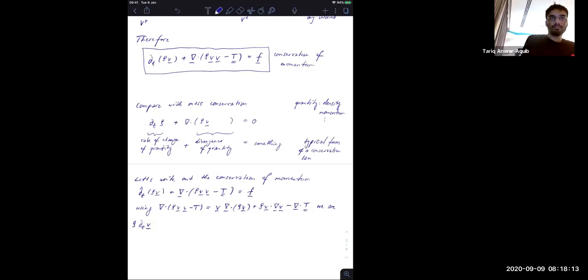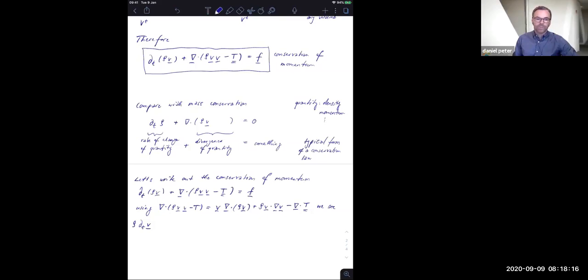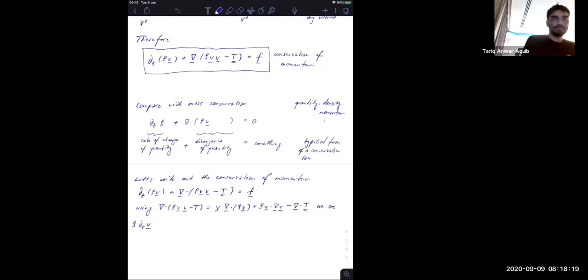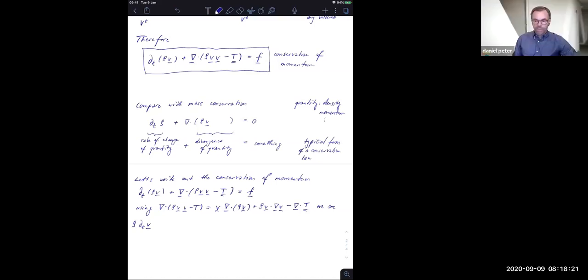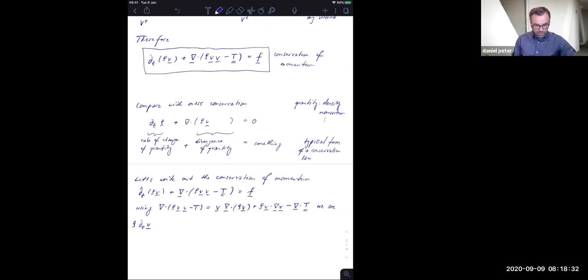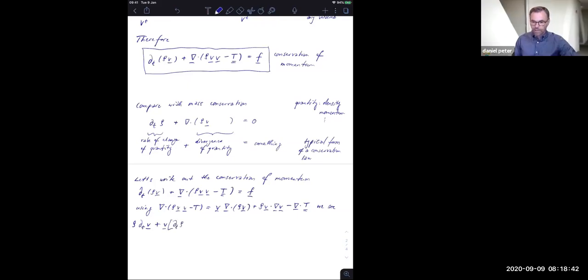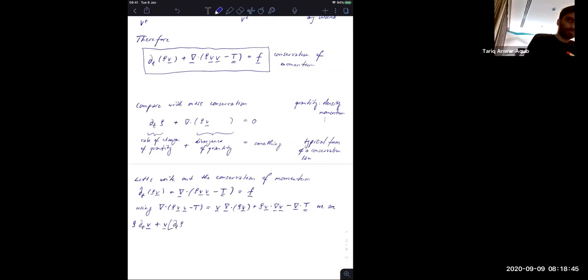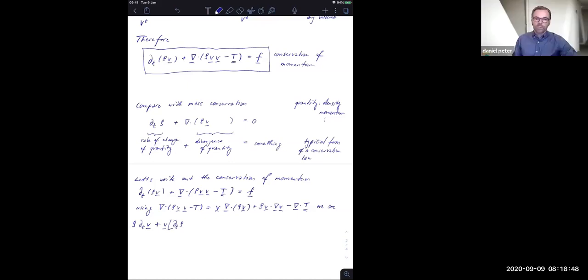The first term is rho times the time derivative of v, plus then the second term would be v times the time derivative of rho. Is that clear? Yes. Good. So what I will do is put these terms a little bit together so that things become a bit more clear. But this would be the second term, so v times now the time derivative of rho.